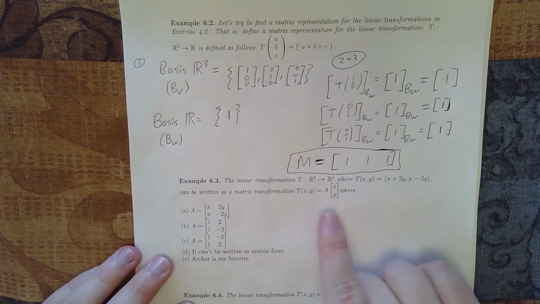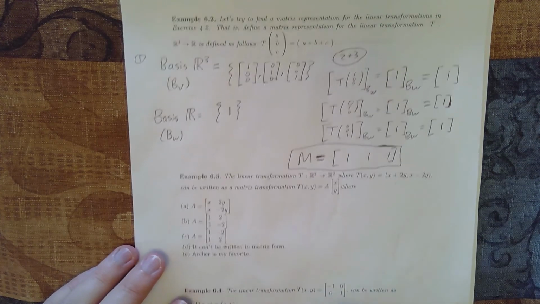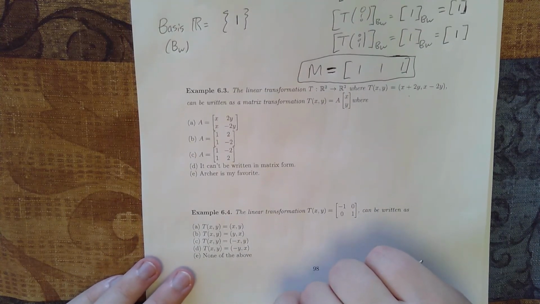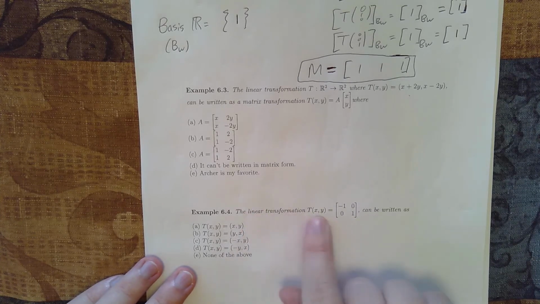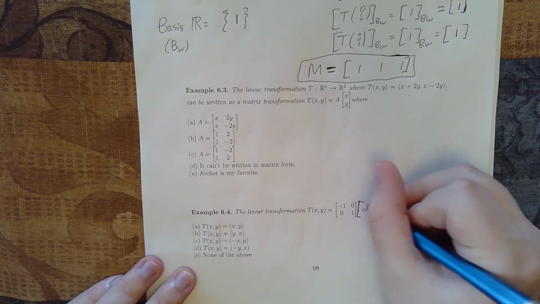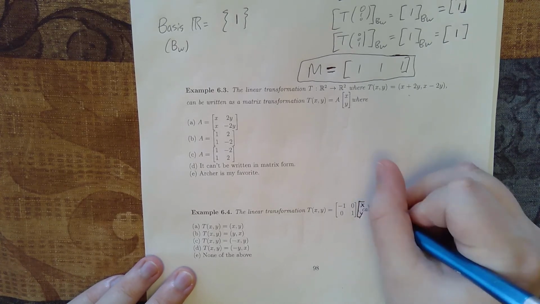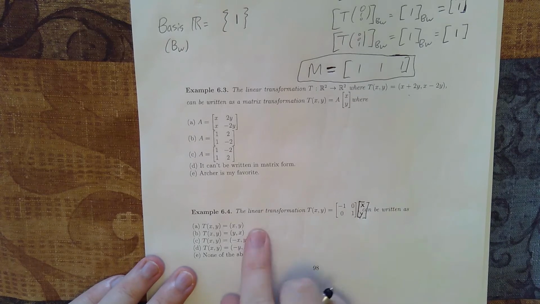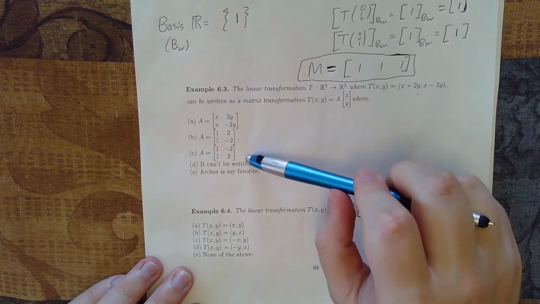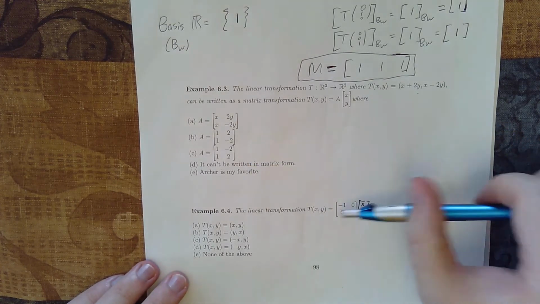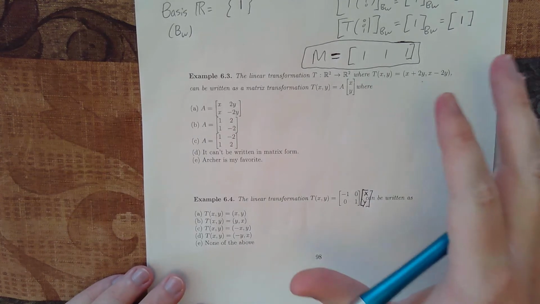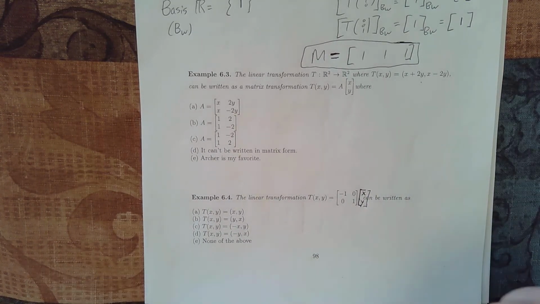We want to figure out what matrix form we're going to have for this transformation, and we also want to know if we had a linear transformation be defined as T of (x, y) equal to this matrix times (x, y), how it could be written in terms of this. So we want to both take the transformation and figure out what its matrix is, and we want to take a moment to see if we can take a matrix and figure out what transformation it's doing. So take a moment, see if you can figure these out, and then come back.